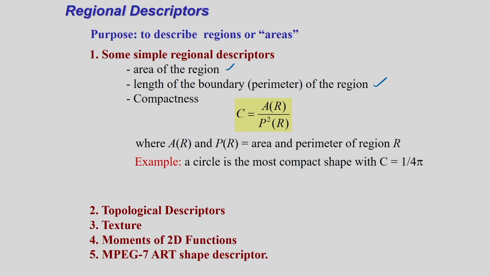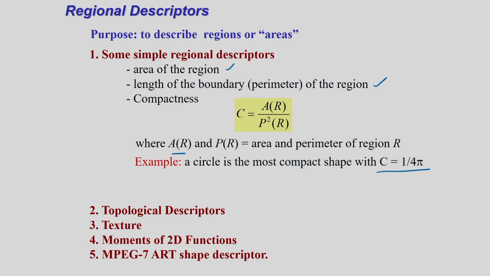The compactness is A_R divided by P_R squared. A_R is the area, and P_R is the perimeter of the region R. By using these two parameters, the area and the perimeter of the region, I can define the compactness. If I consider a circle, the compactness will be C equal to 1 by 4 pi. So this is a very simple regional descriptor.